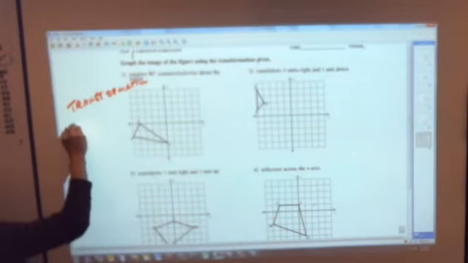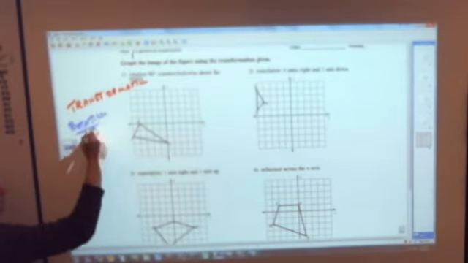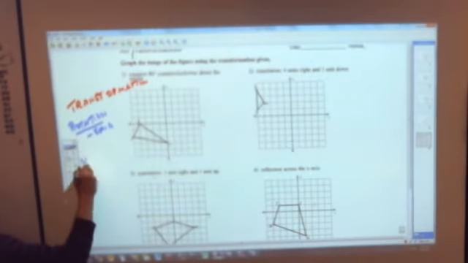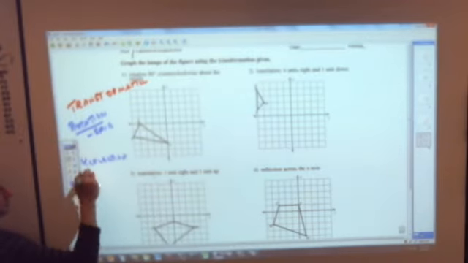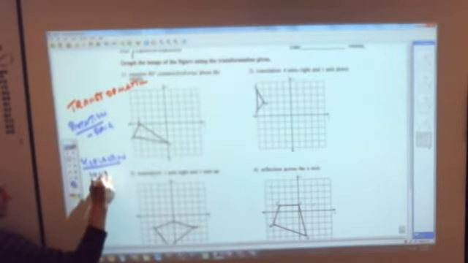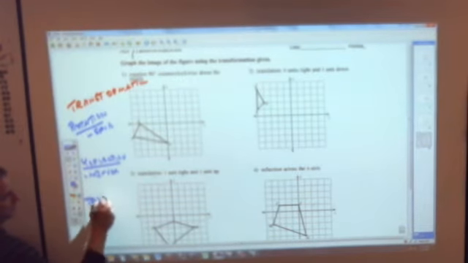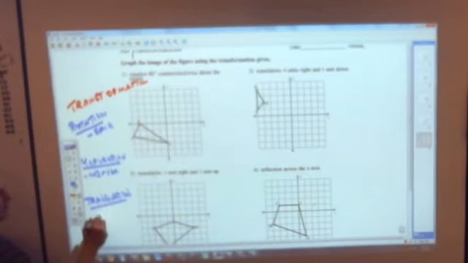They are the rotation, the old proverbial spin. They are a reflection, which is like the mirror image. And the easiest one of all is the translation, which is just sliding it to a new place.